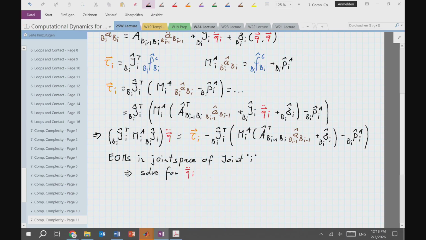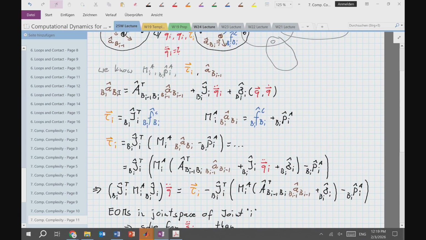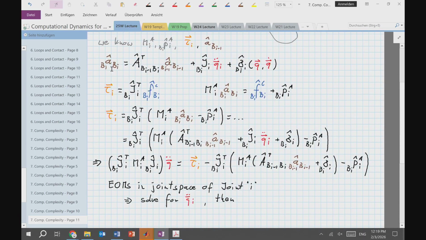And when I know what q double dot i is, then I can go back to this equation here and compute the acceleration of the successor, right? So solve for q double dot i, and then compute the acceleration of body Bi.